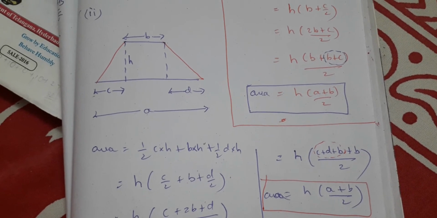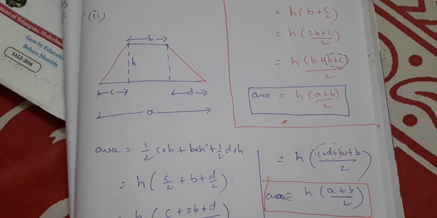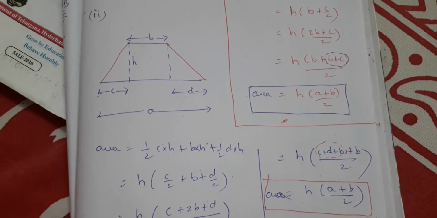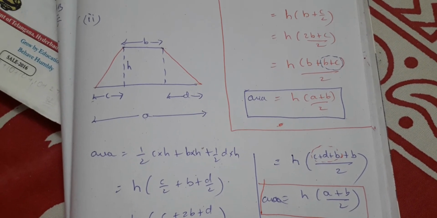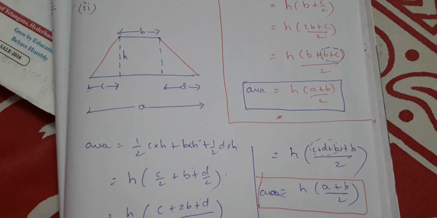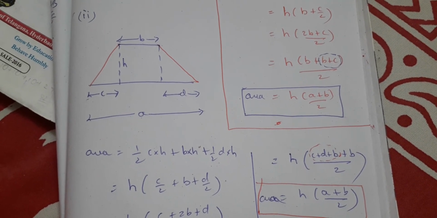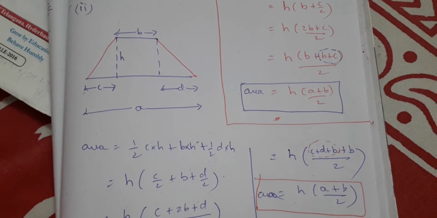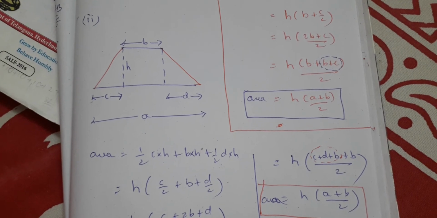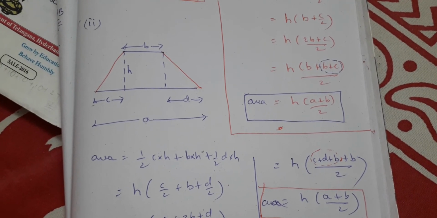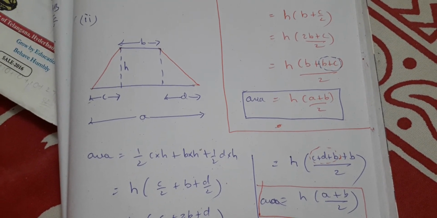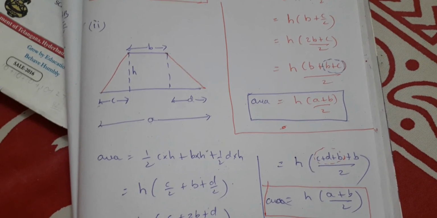The height may or may not be given directly, and sometimes you need to find out the height. Height can be said as the perpendicular distance between two parallel sides.